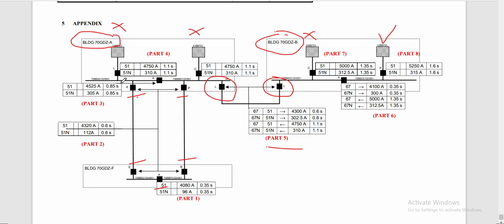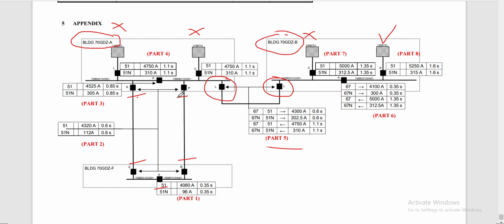Going that way, since our source is coming from this building B on this side, our bus coupler here is assigned 0.85 second as the pickup time.